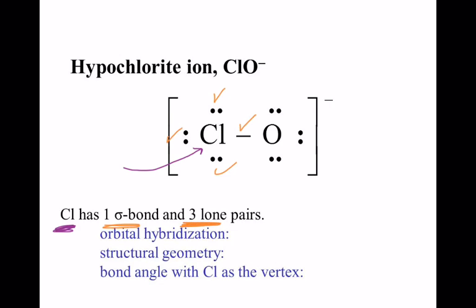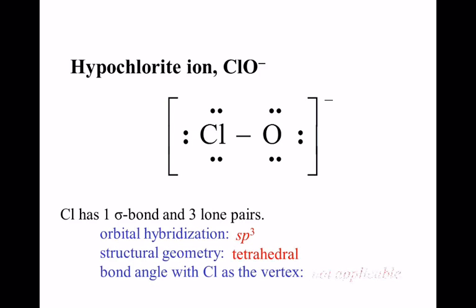So here's where I go 1 plus 3 is 4. Okay, so what is its orbital hybridization? It is sp3. So you go back to that table, you go back to the bottom row, which says 4, and you answer all these questions. The structural geometry, it's tetrahedral.